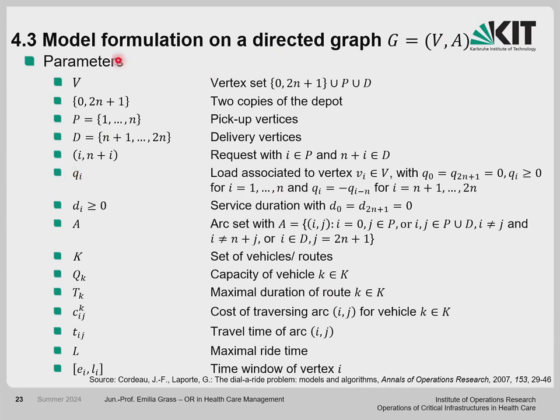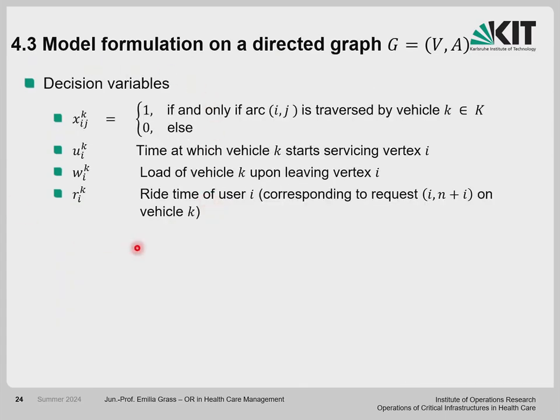Everything shown here is what you have to know. And the decision variables are the output of the model, so this is the result of the model. What you are doing is deciding which arc you are using. Do you use the arc from 2 to 3, or you don't? If yes, then x is 1. If not, then x is 0.